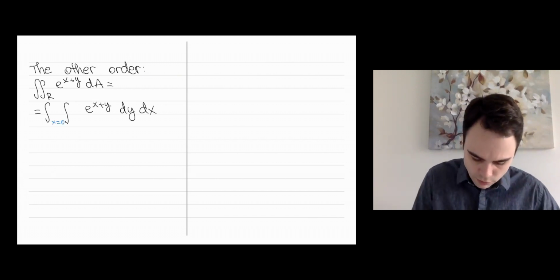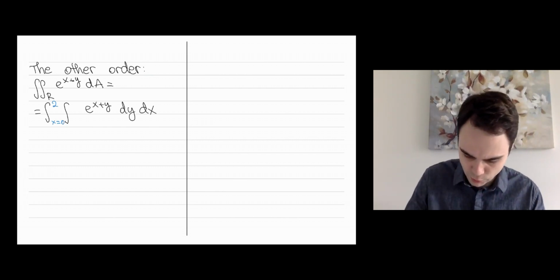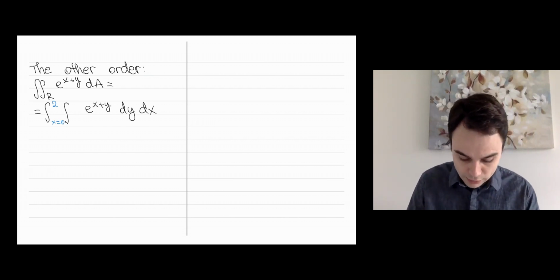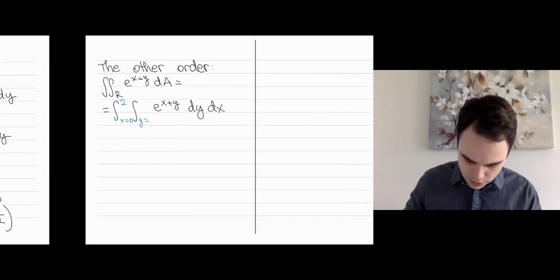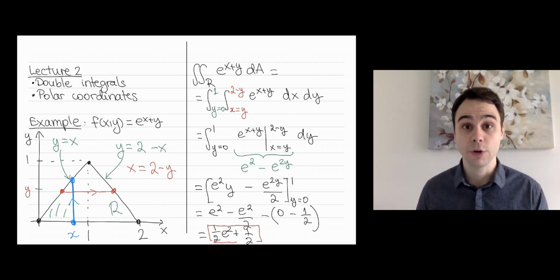From the recipe I gave you, this integral would go from 0 to 2, and then we have an inside integral in y. Okay, now let's look at the inside integral. If I fix an intermediate value of x, like here, then the dy integral inside will be going up this vertical interval.